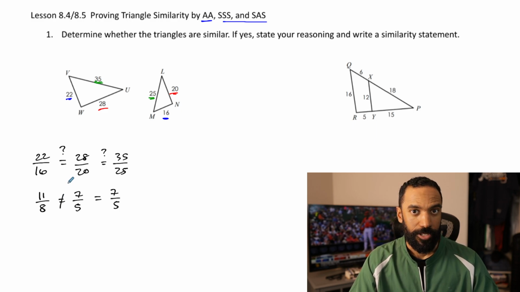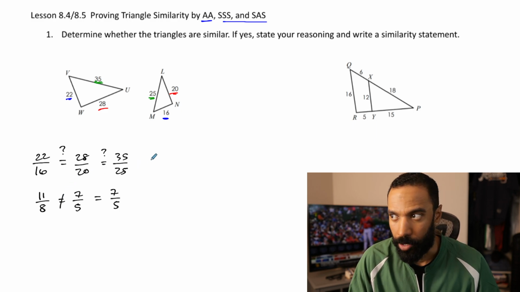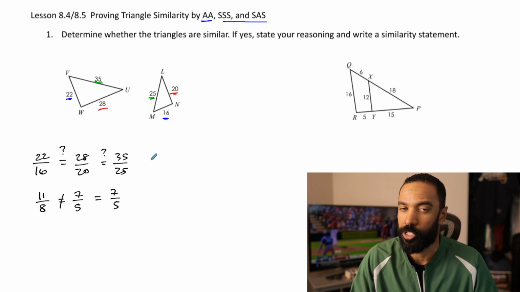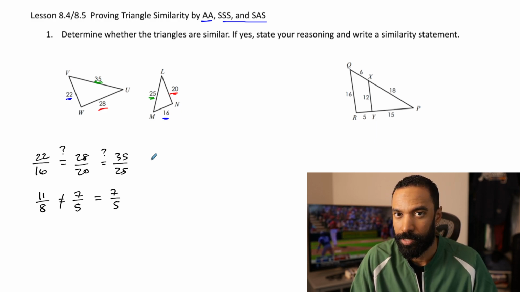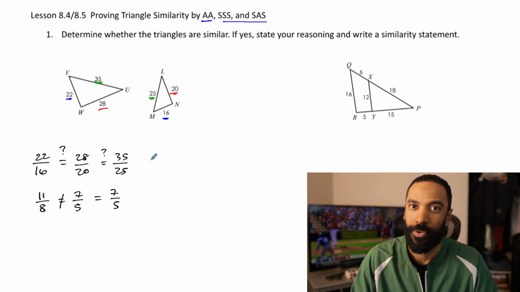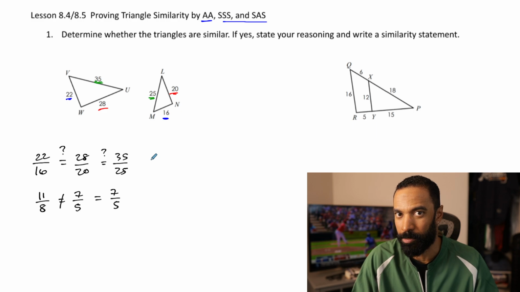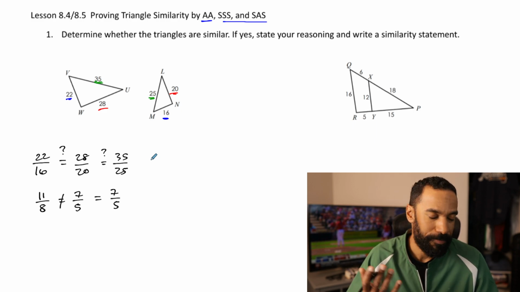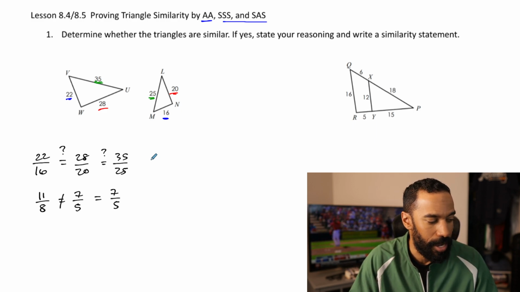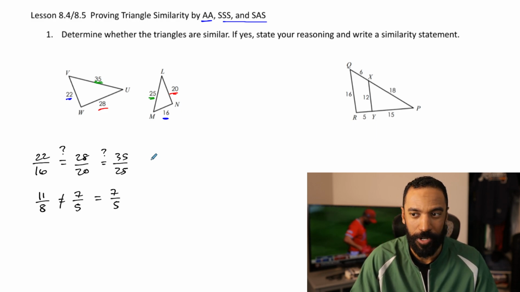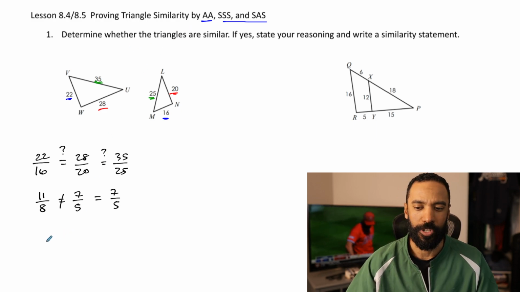Not all in correspondence. Now, this is important because we learned that similar triangles have corresponding side lengths. Conversely, if you had all 3 side lengths in correspondence, you could guarantee yourself triangle similarity. If they're not in correspondence, and if you know they're not in correspondence, the triangles are not similar. Determine whether the triangles are similar.